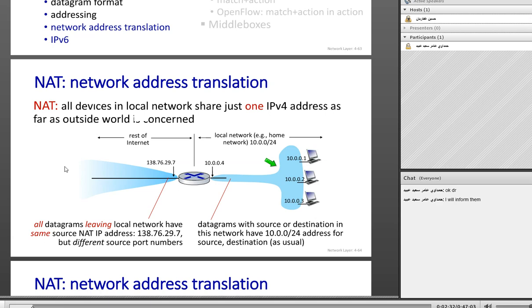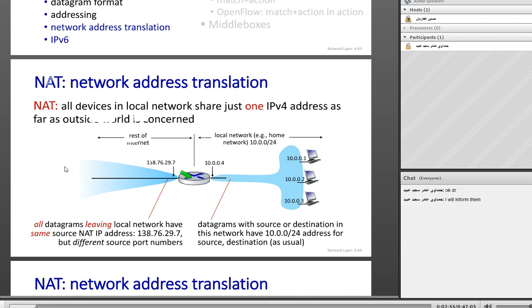What is NAT? In NAT, inside my network, I can use a range of IP addresses. But at the edge of the network, in the edge router, I'm running NAT services.